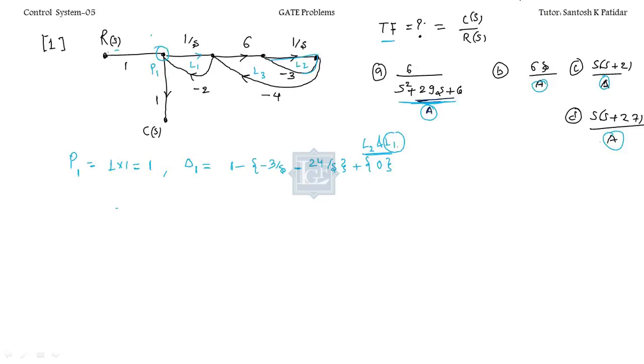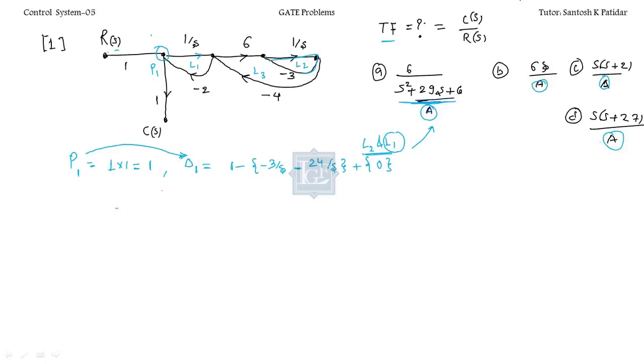So if you take it like this, definitely you will get the wrong answer, and your wrong answer option is also given out of these 4 options. Okay, so please be careful. This is del 1 you are calculating. Del 1 means the system determinant corresponding to P1. Okay, this is not the overall system determinant.